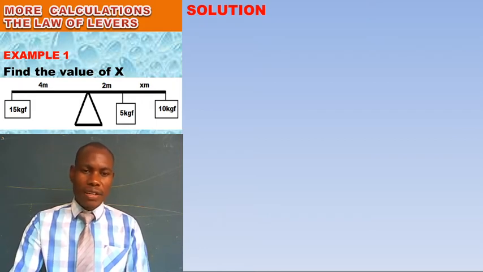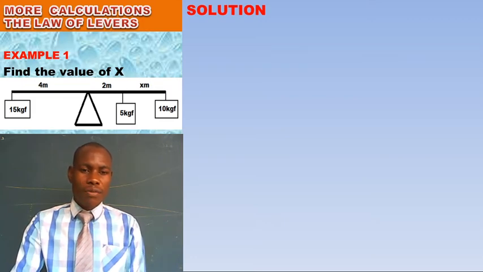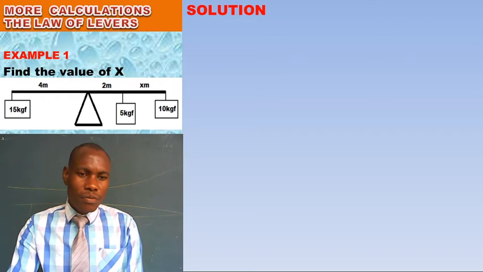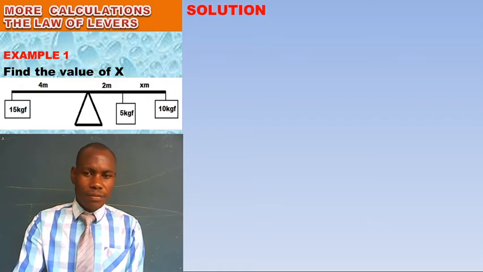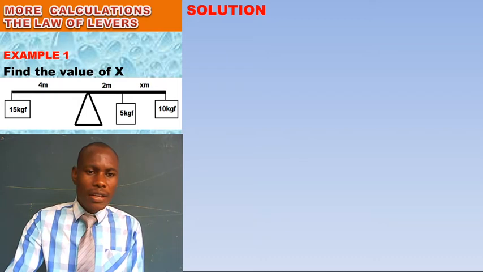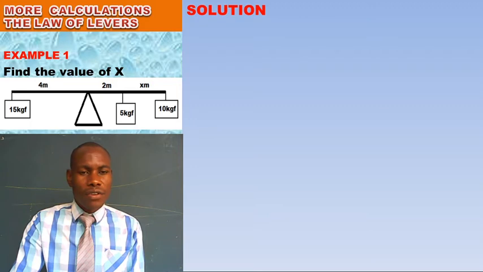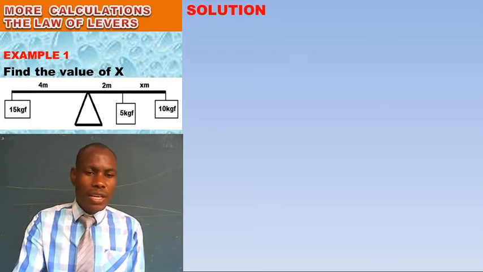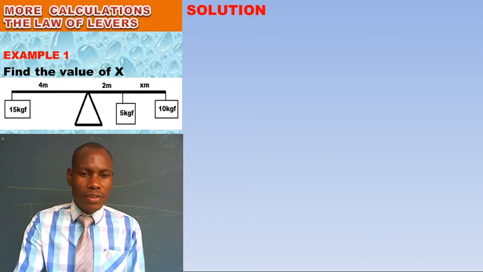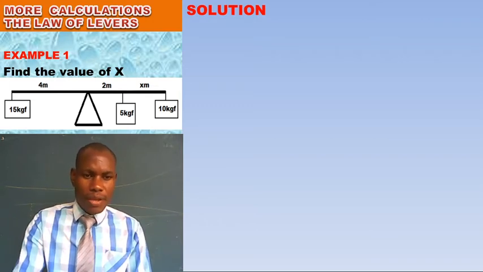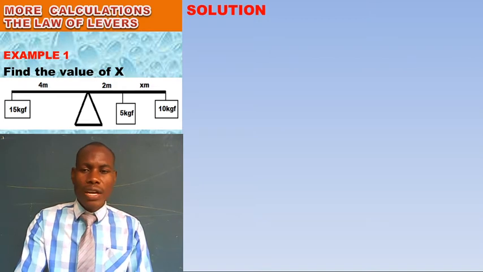So from the pivot to the 10 kilogram force, there is this distance of 2 meters and x meters. When you add the 2 meters from the 5 kilogram force and the x meters, you get the total distance of this 10 kilogram force from the fulcrum. Therefore, dear candidates, we would like to attempt this number, but how are we attempting it?